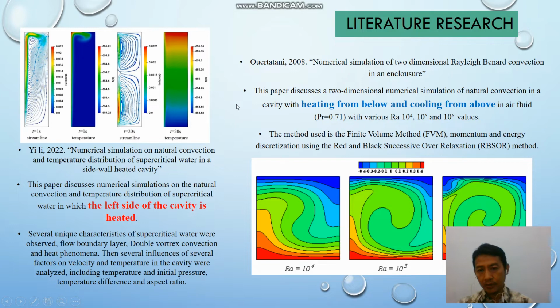This paper discusses two-dimensional numerical simulation of natural convection in a cavity with heating from below and cooling from above, in a fluid with Prandtl number 0.71 and various Ra numbers from 10^4 until 10^6. The method is the finite volume method, with momentum and energy discretization using the successive over-relaxation method.